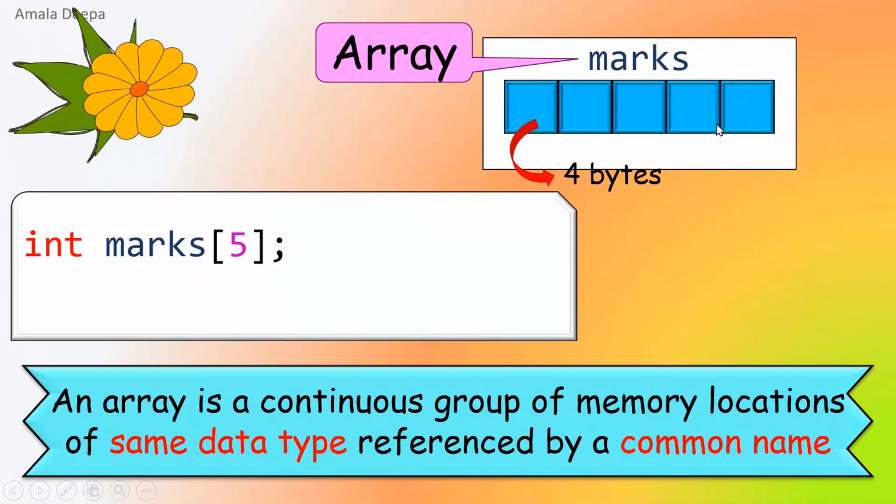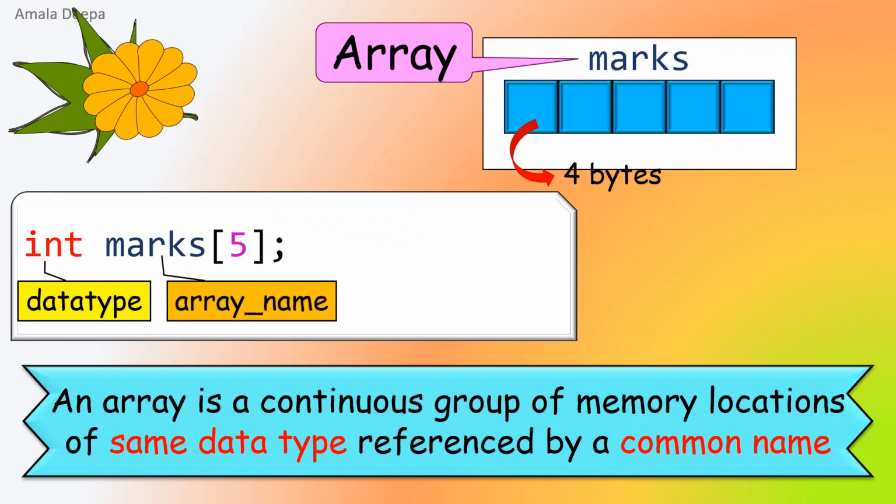Here, all these 5 locations are referenced by the common name marks, and each of these locations is of int data type. In this declaration statement, int is the data type, marks is the array name, and 5 is the array size.